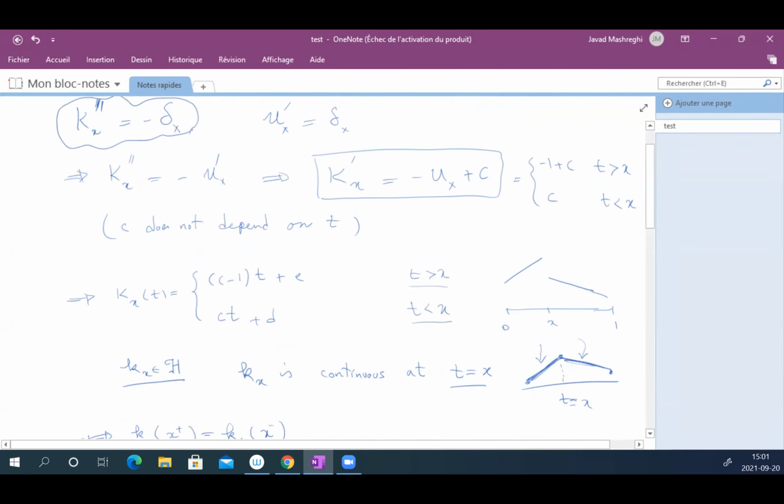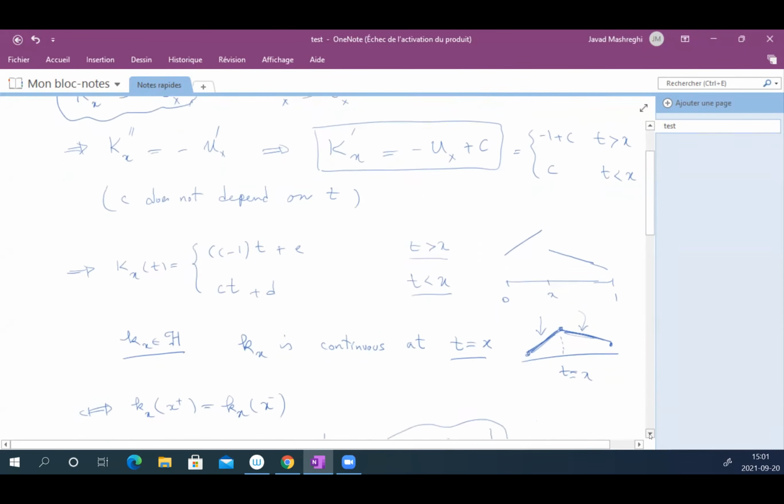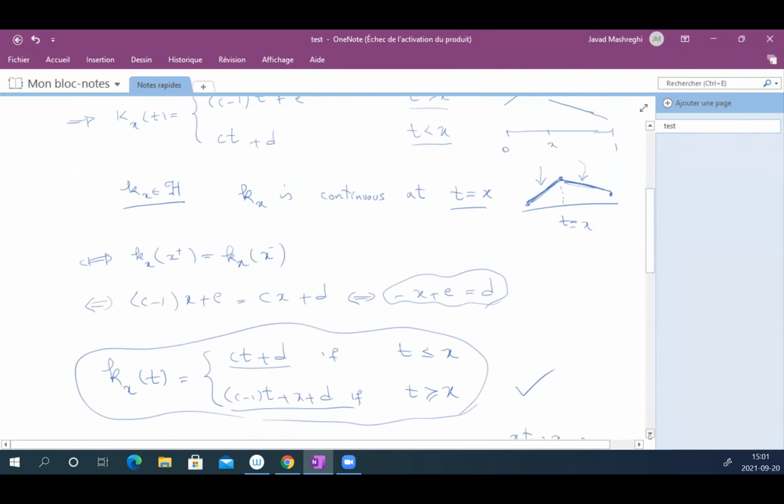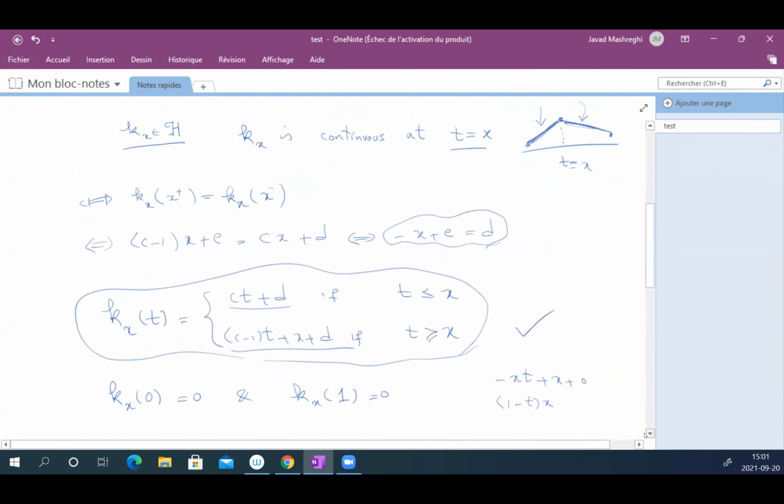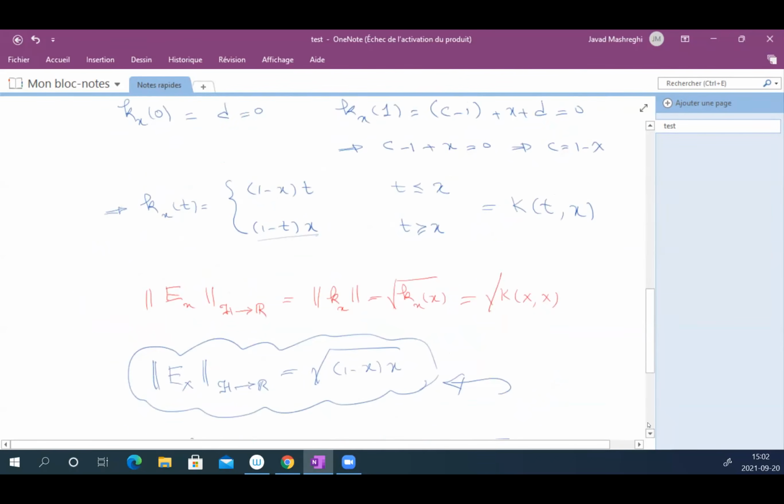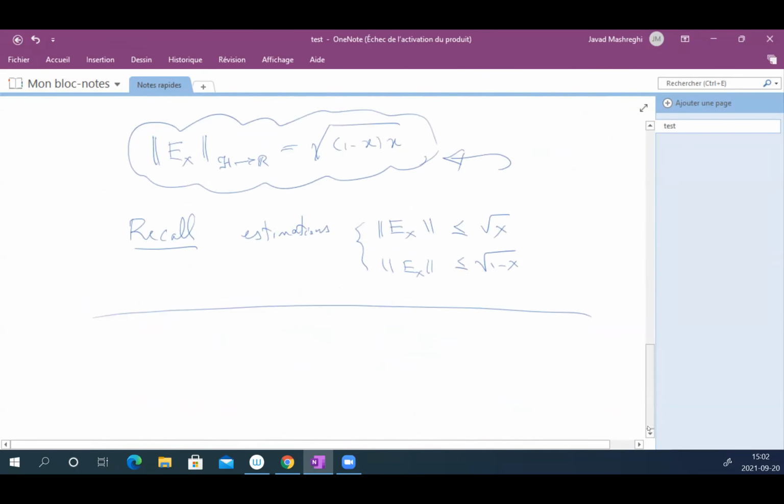I emphasize the general solution because in the next example, we have again this differential equation, and so I do not repeat everything written here. I just apply it to find K and then the norm of the evaluation.